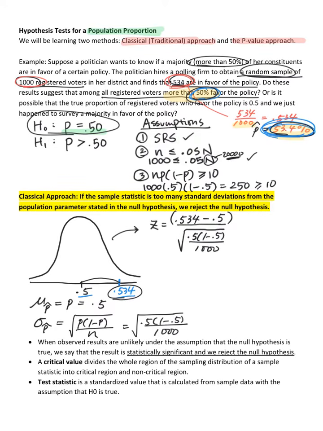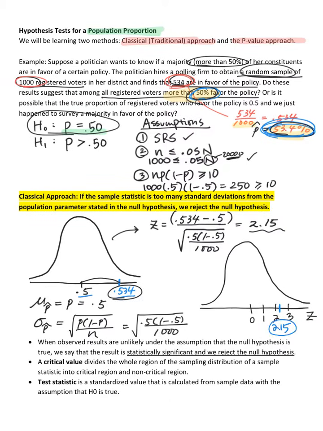Okay, so if you punch these numbers in your calculator, you will get something like 2.15. This means that in a standard normal distribution, 2.15 is somewhere here.